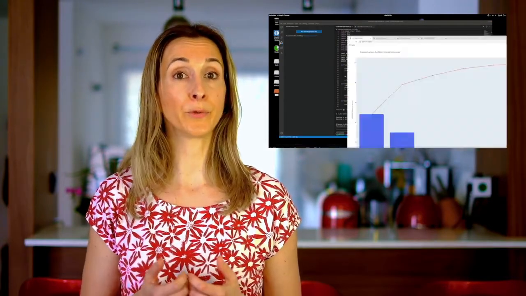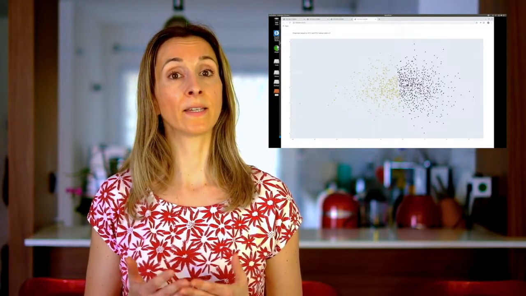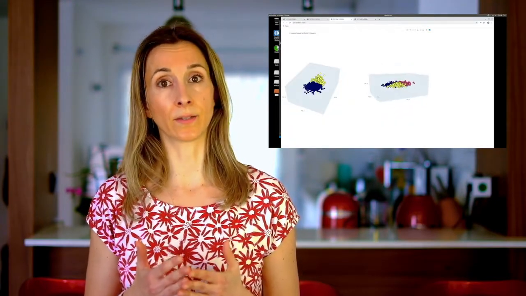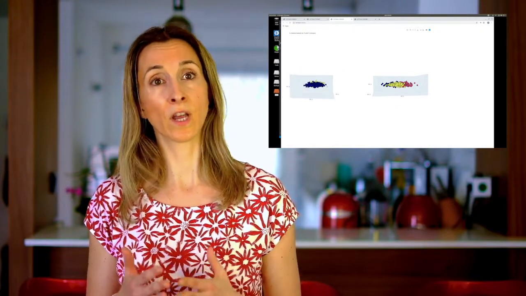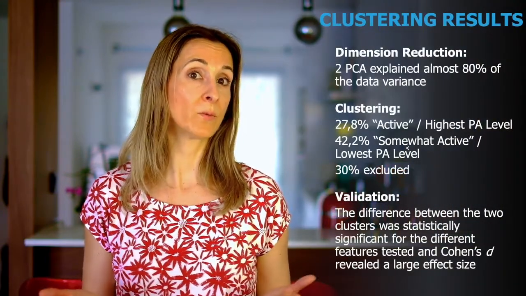Finally, we used a hypothesis test, Student's t-test, to validate if the groups obtained in the cluster analysis corresponded to participants with statistically different characteristics. So, what did we find?